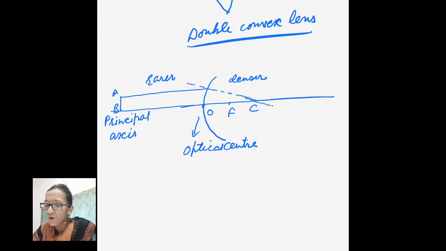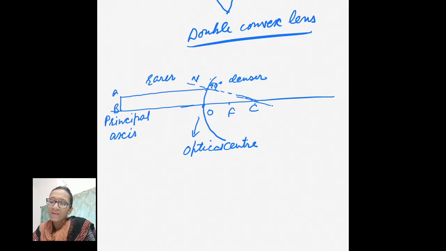A ray which is passing through the center of curvature at the point of incidence is called normal. Any radius is normal actually. The tangent direction at this point is perpendicular to the radial direction, so here you can find a 90-degree angle.